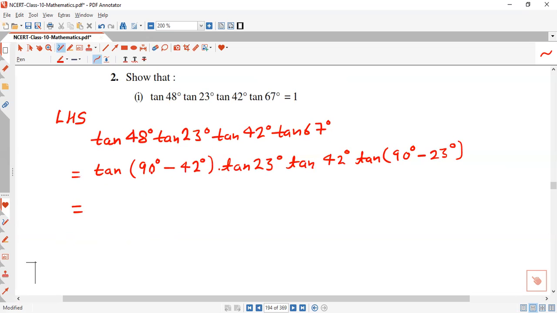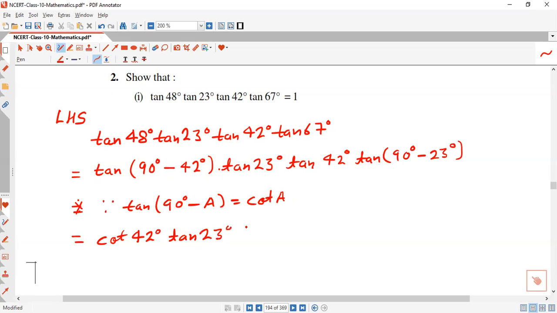Since we know the formula, tan of 90 degree minus A equals cot A, using this formula we are getting cot 42 degree, tan 23 degree, tan 42 degree, and cot 23 degree.